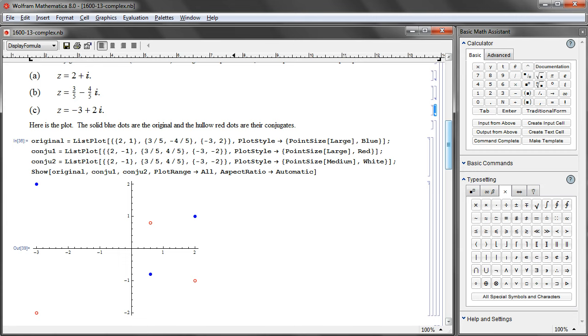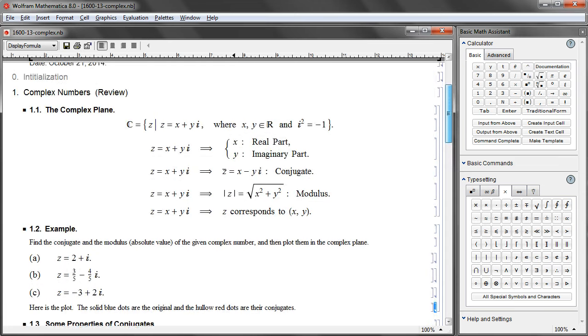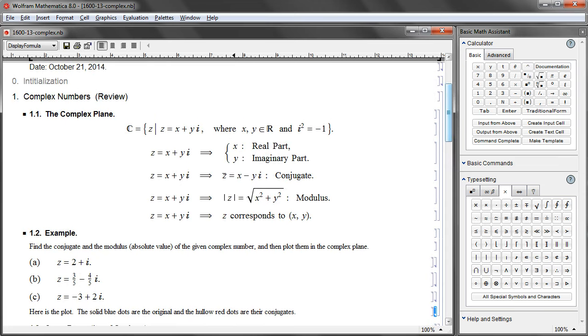The other points are like those two. That's what conjugation does, flipping with respect to the x-axis. And of course, we saw how to visualize complex numbers in the complex plane. It's easy, just (x, y).